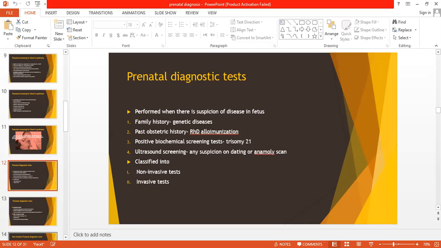Example मैं आपको दे देती हूँ congenital adrenal hyperplasia की. It is an autosomal recessive condition, but it runs in families.